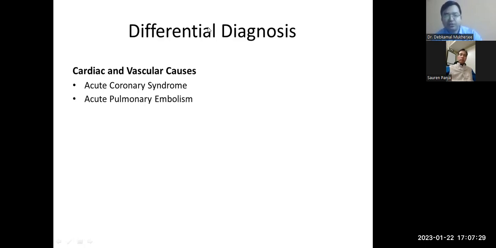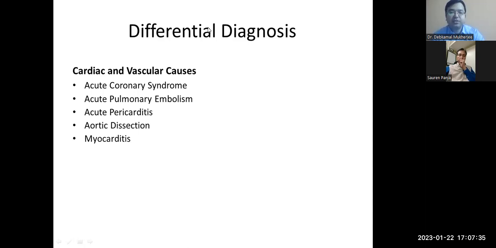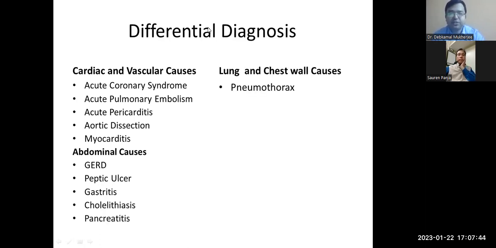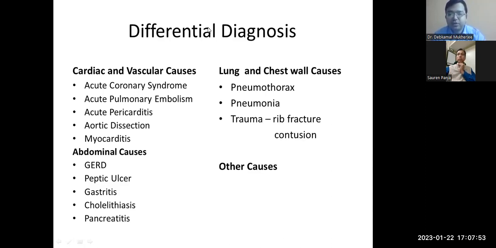Along with that, we should also keep in mind other probabilities like acute pulmonary embolism, aortic dissection, myocarditis, and other causes like abdominal causes with gastritis, peptic ulcer, esophageal rupture, and the lung causes like tension pneumothorax or pneumothorax. To complete the list, we should also get a complete drug history from the patient itself. So these are the differential diagnoses which we should have in our mind before going to the patient.